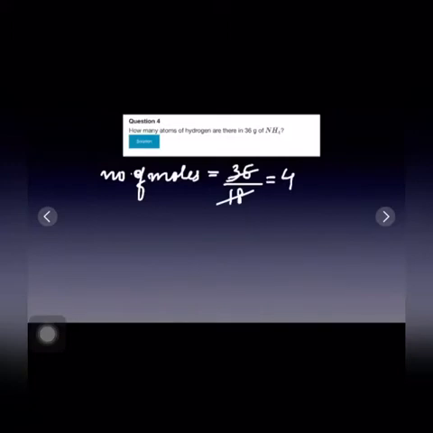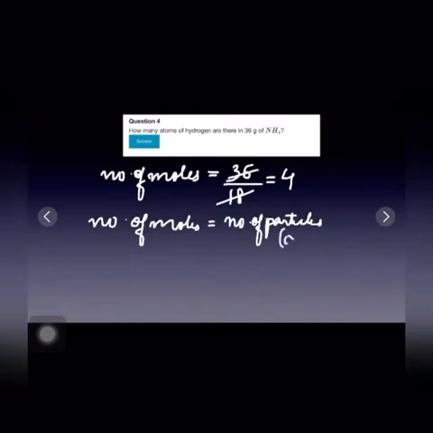So here we have to calculate the total number of hydrogen atoms, which can be calculated by the formula: number of moles is equal to number of particles, in this case the atoms of hydrogen, upon Avogadro number. So number of moles we have calculated as 4.